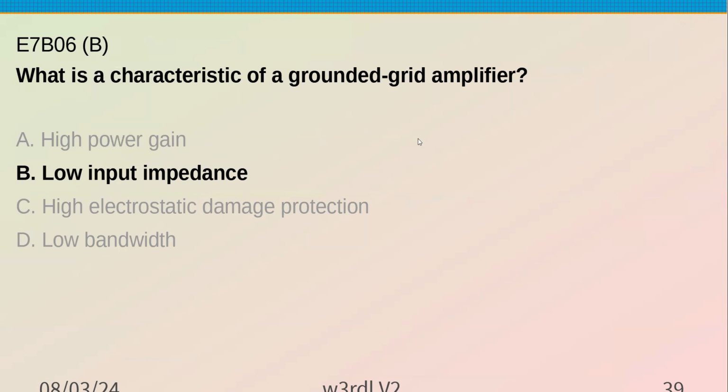High power gain, there's no reason to use them otherwise. It is high power, but it's not the right answer. And there's no all the above. But the big thing is it's like 50 ohm in, 50 ohm out.